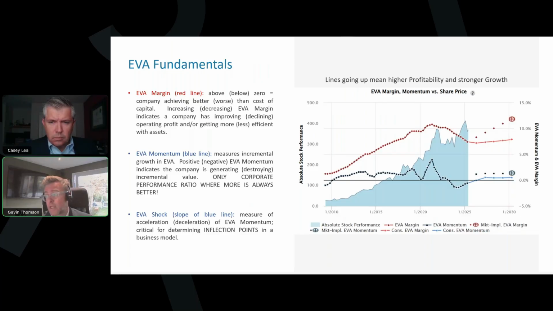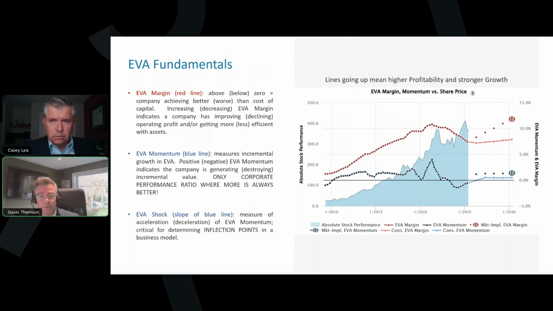That basically means that if EVA margin is above zero, the company is covering its cost of capital and generating true economic profitability. And EVA momentum, our growth measure: as long as EVA momentum is positive, then we're seeing a compounding of growth, so a creation of new incremental EVA.